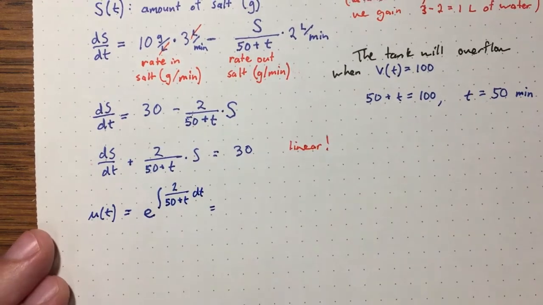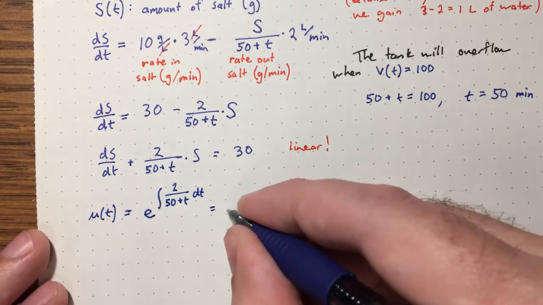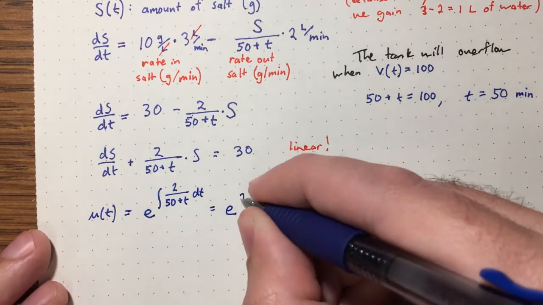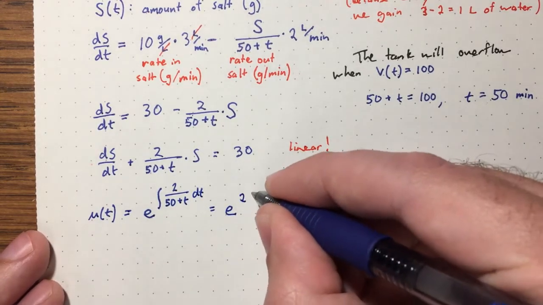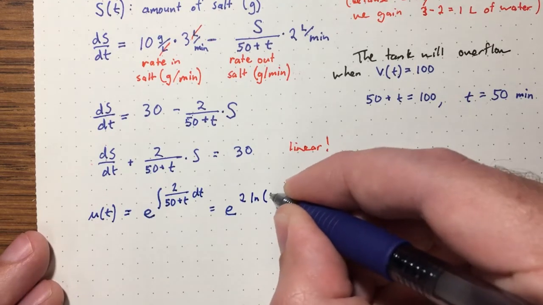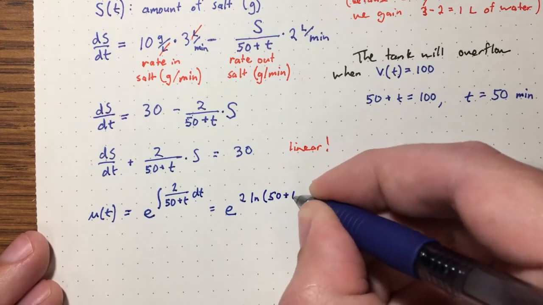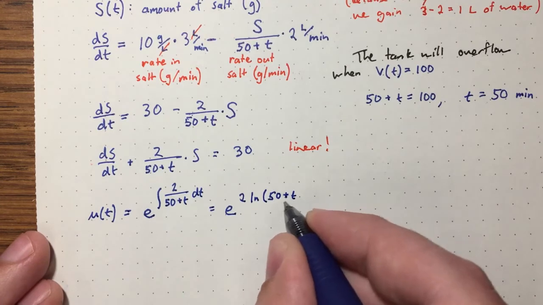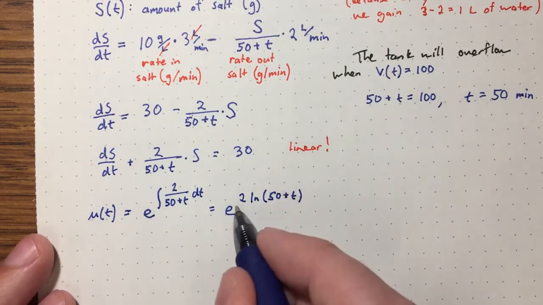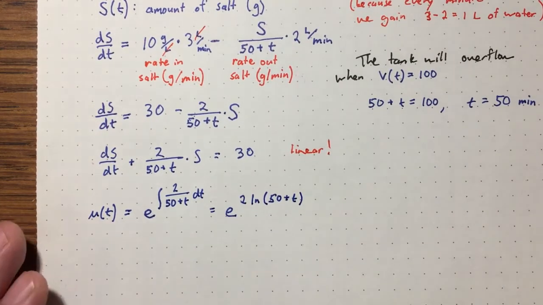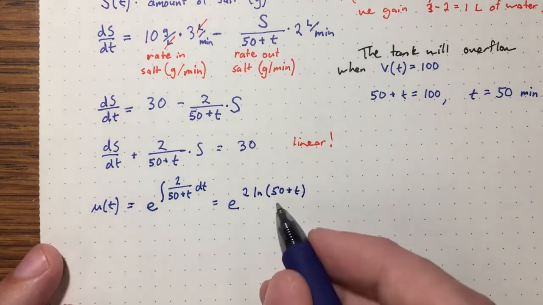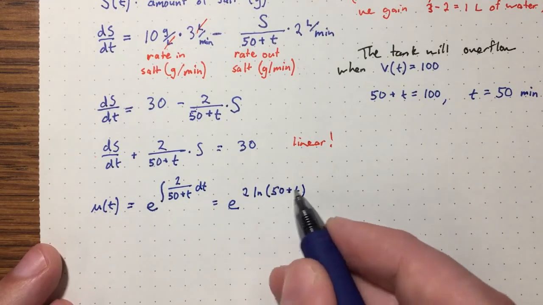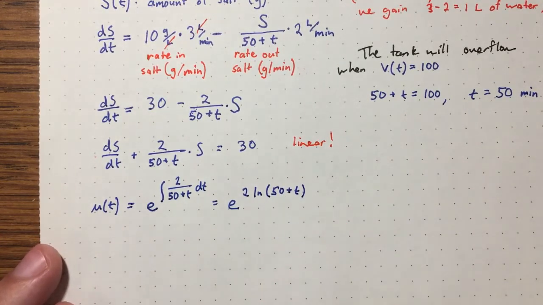Need to do this integral. And that's going to be a natural log. So we have e to the power of 2 times natural log of 50 plus t. Because t is appearing by itself without any coefficient, I don't need to multiply by anything out here. There's no chain rule going on. I also don't need to worry about absolute values because t is always going to be positive here.